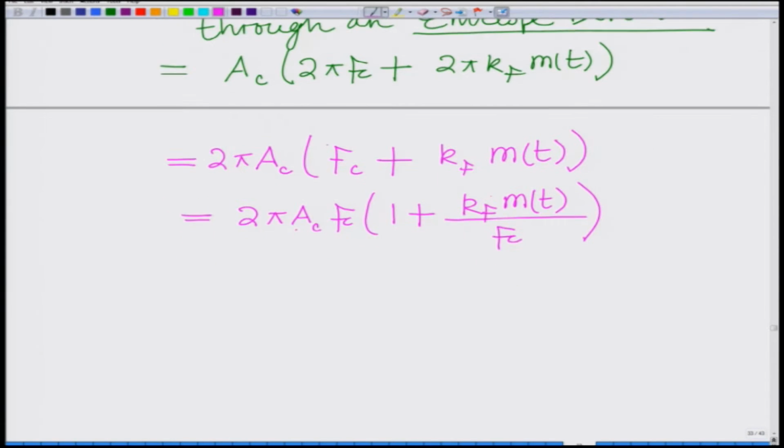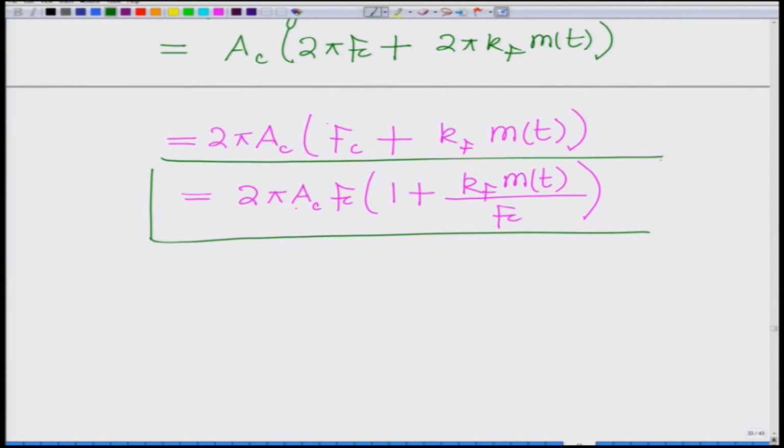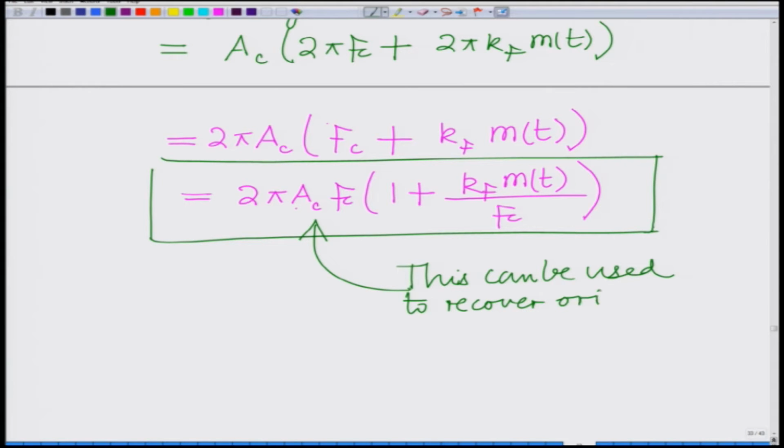So, now we have the output of the envelope detector, and this can be used to recover the original message signal m t.